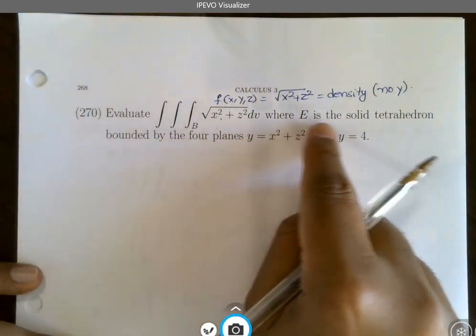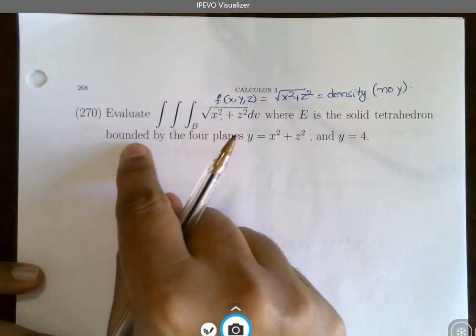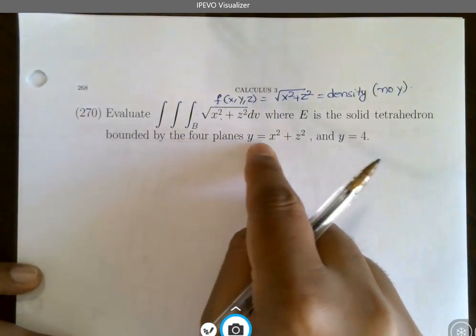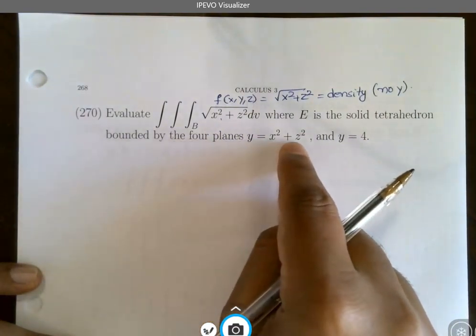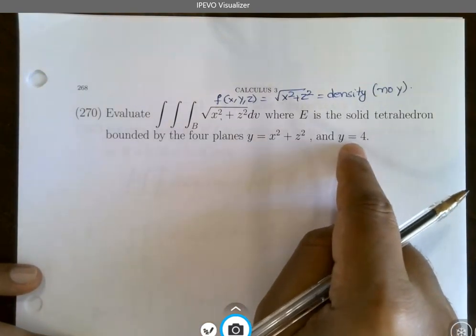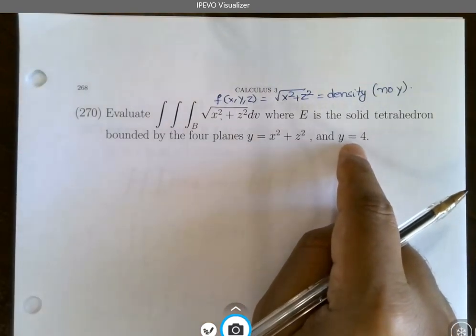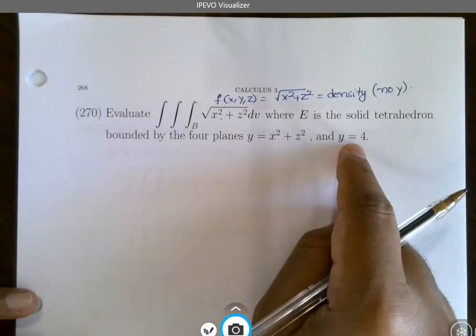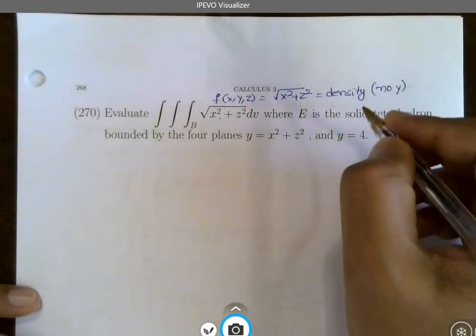Here E is the region bounded by the paraboloid y equals x squared plus z squared and the plane y equals 4. That's your problem now. So this is not a tetrahedron. I think I copied it from the previous problem, where E was a solid tetrahedron.